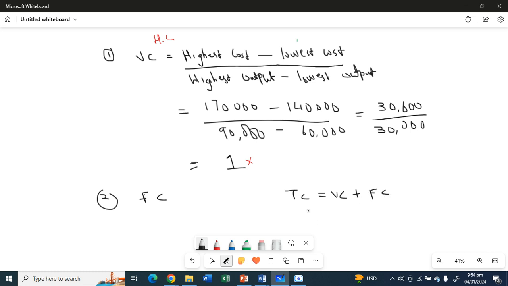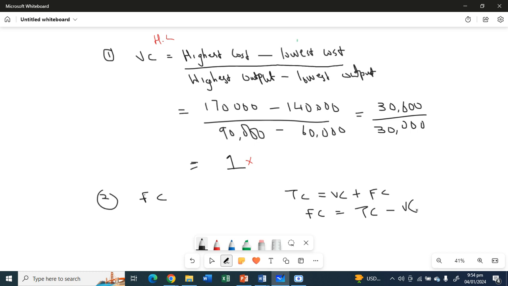So to get our fixed cost, fixed cost equals total cost minus variable cost. This is the equation that we're going to use to get the fixed cost.